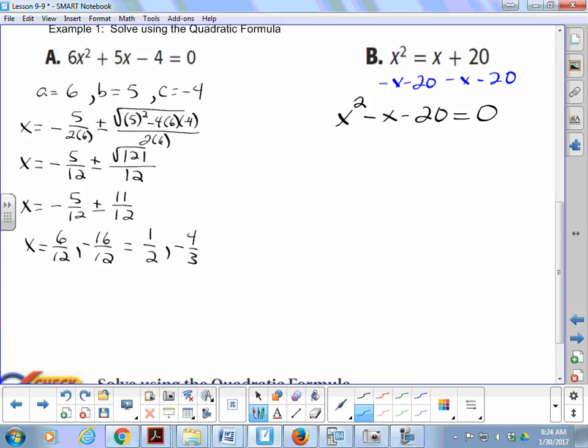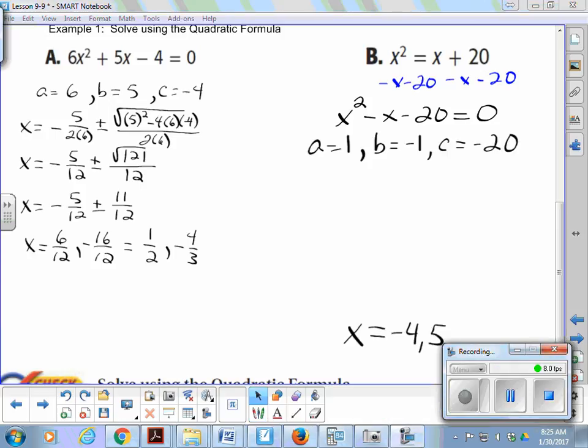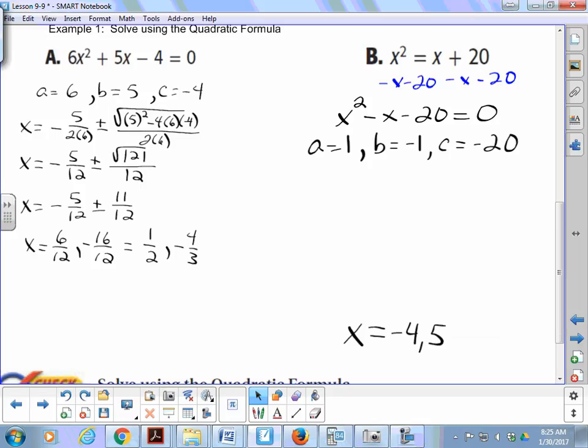We're still going to use the quadratic formula, but we're going to use it to verify the answer in this case. So we identify A, B, and C. We know by factoring and solving we would get -4 and 5, so we're going to verify that.